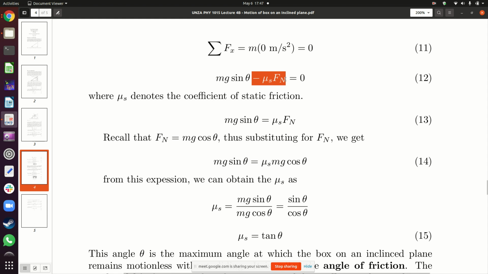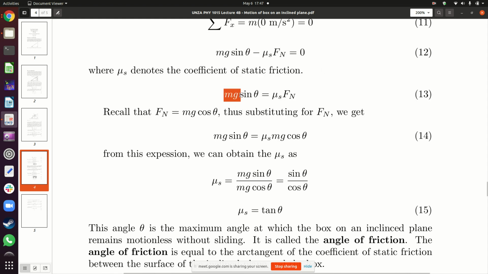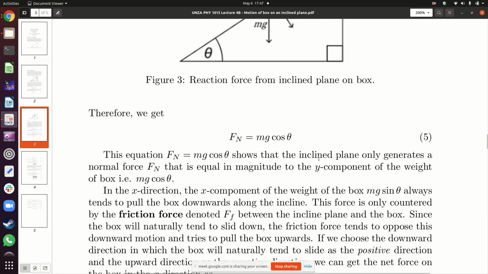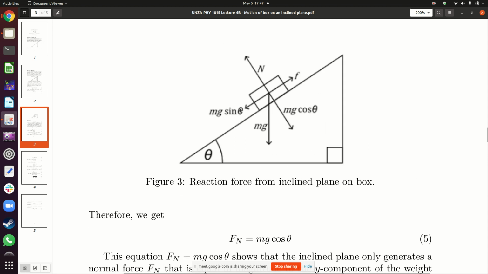Then there's a minus on this side and the 0 on that side, so we take this bit to the other side, and we end up having mg sin theta equal to the static friction force. So if your box decides to say, I won't move, the reason why the box is not moving is because this mg sin theta is equal to the friction force.